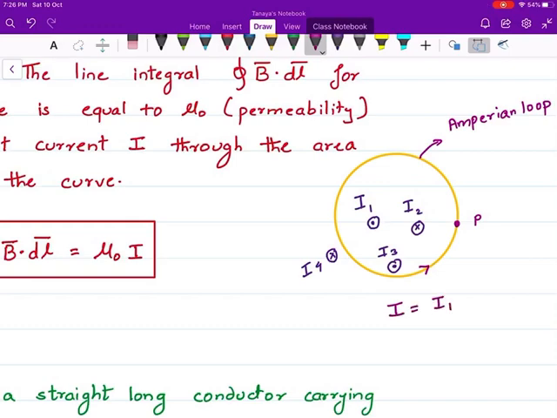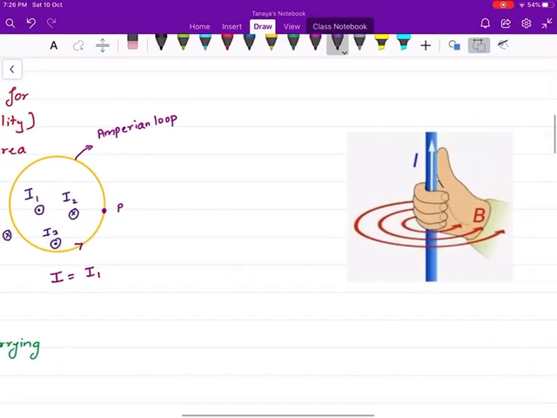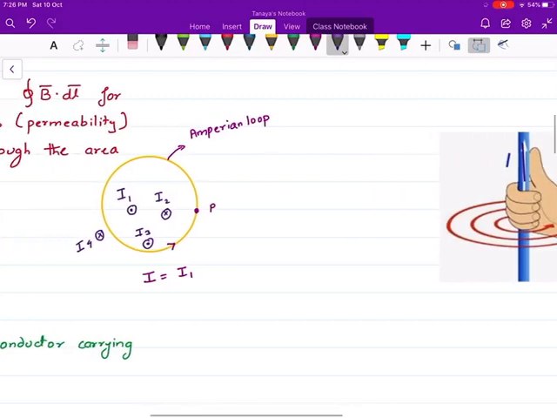Whether I should take plus I1 or minus I1 depends on the magnetic field produced by this I1. What is the direction of the magnetic field produced by I1? By using the right hand thumb rule. If the current is coming out, you use the right hand thumb rule, and the direction in which the fingers curl gives us the direction of the magnetic field.